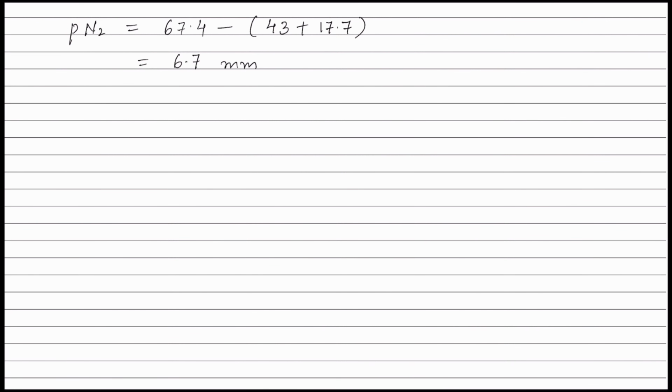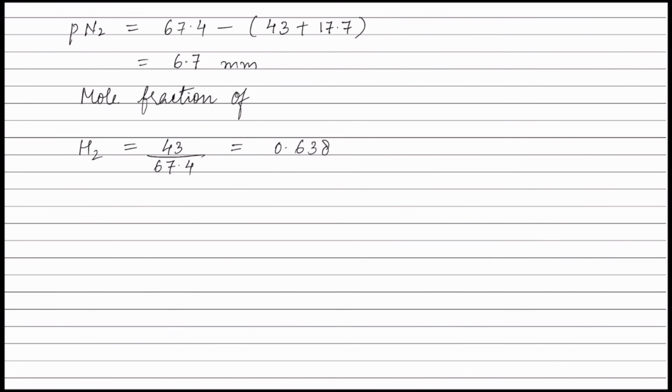Therefore, mole fraction of hydrogen is equal to partial pressure of hydrogen, that is 43, divided by total pressure, that is 67.4, and this is equal to 0.638.